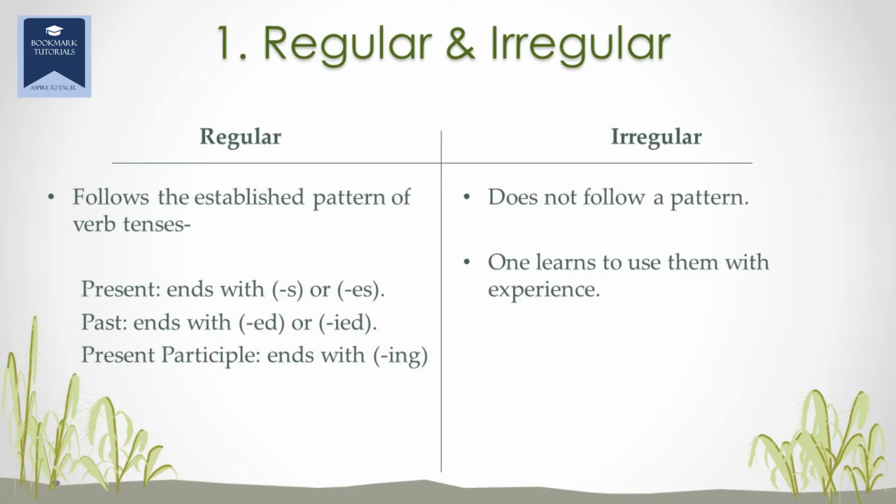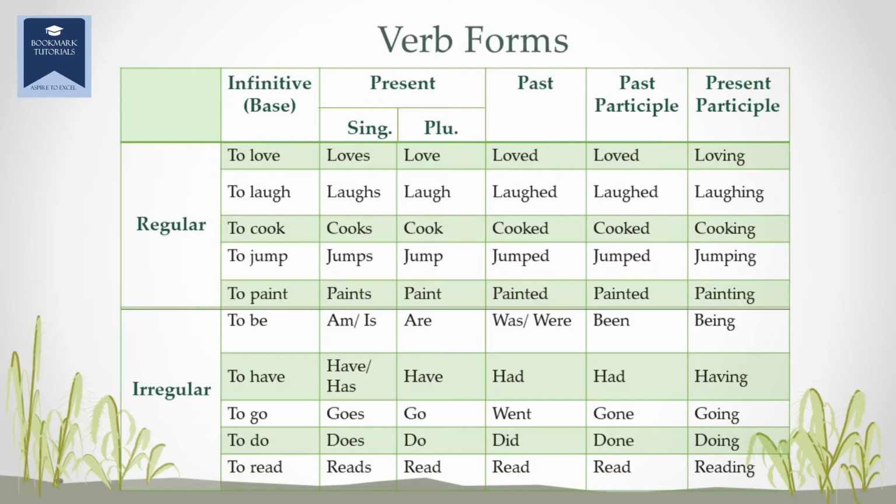Whereas the irregular verbs do not follow that pattern. One learns to use irregular verbs with experience, which makes them slightly harder to learn than the regular verbs. But no need to worry, you'll get used to it with practice.